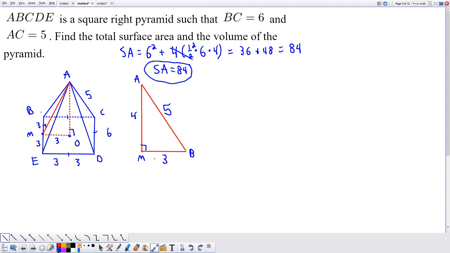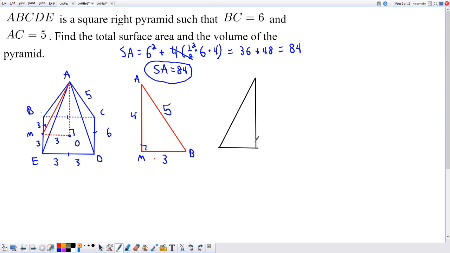So I'll color this one black. So let's create that right triangle. Let's make it look more correct. Okay.